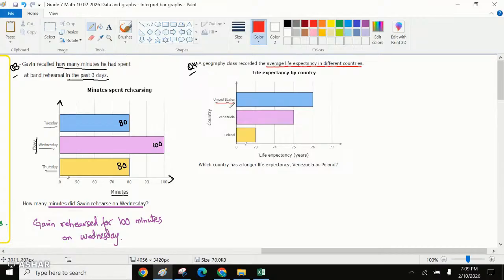You have United States, Venezuela, and Poland. So let's look at the numbers. United States is 76 over here. Venezuela is 75 because the horizontal axis is showing us the life in years and the vertical axis is showing us the country. And Poland was 73.